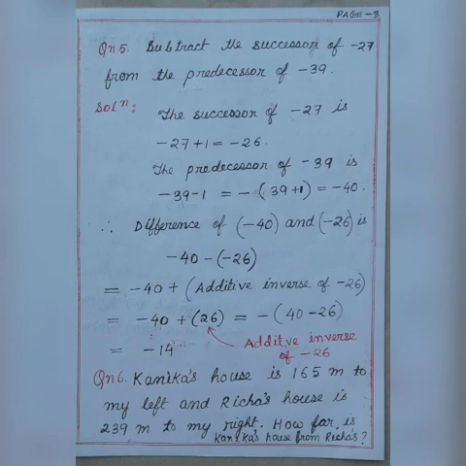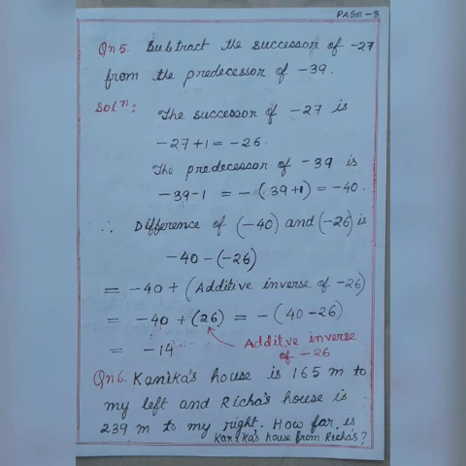So we have to add the additive inverse of minus 26 to minus 40. So it is equal to minus 40 plus additive inverse of minus 26, which is 26, which is equal to minus 40 plus 26 equal to minus 14.